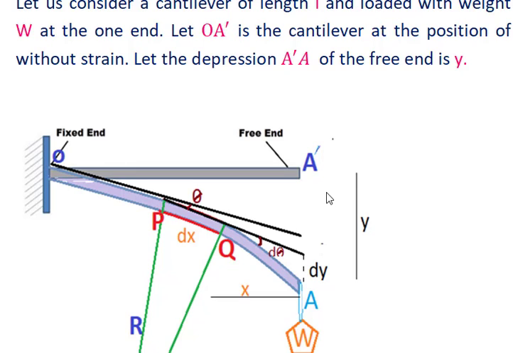On applying the weight, the position A dash reaches A, so it bends through a distance y. So the depression A dash A is taken as y.